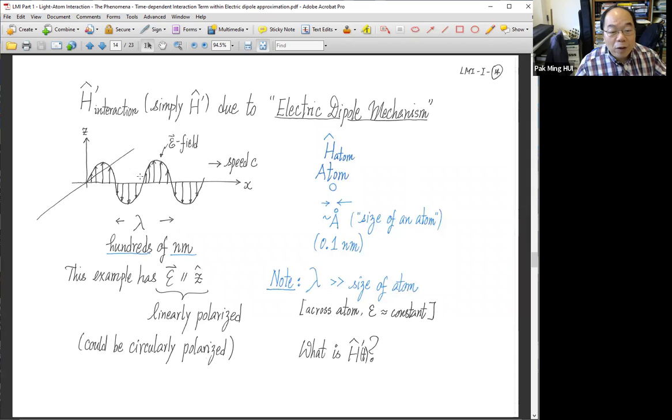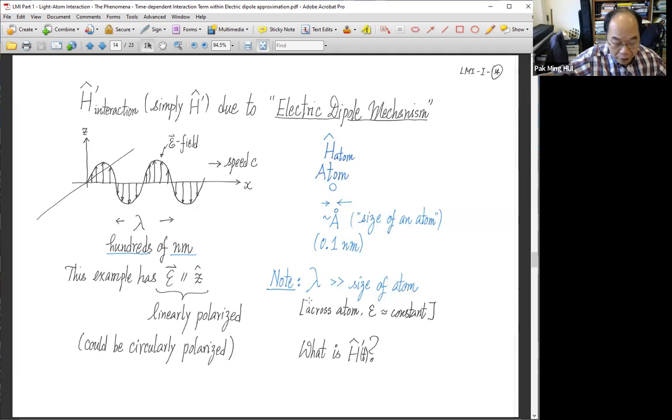Therefore, if we put these two pictures together, I mean this EM wavelength picture and the atom together, no matter where you put the atom, the E field across the size of the atom is a constant. That is to say, across the size of an angstrom, the E field will not suddenly go from very, very high to very low. Its wavelength is much longer.